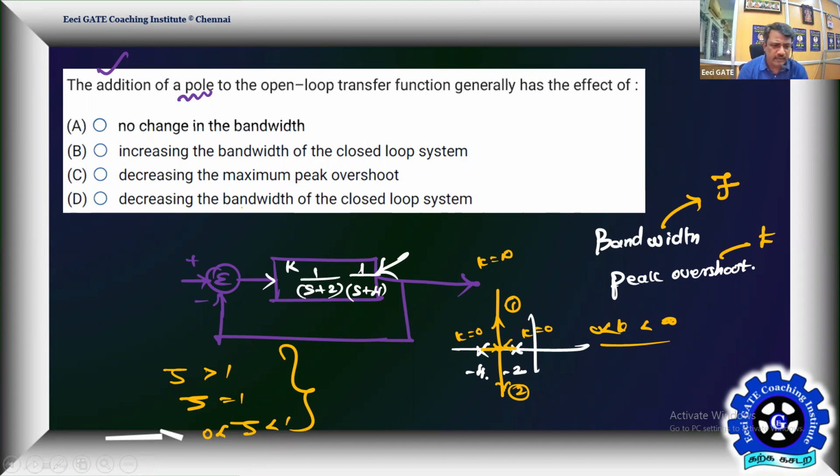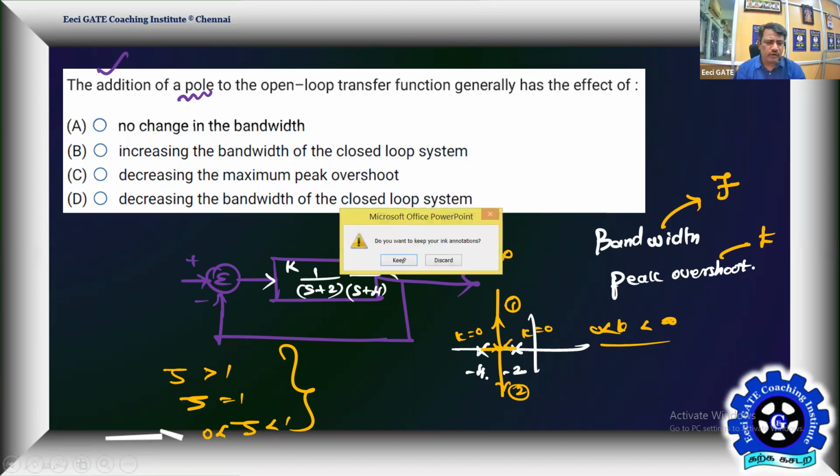So then you can think about the bandwidth first: decreasing the bandwidth or increasing the bandwidth. No change in bandwidth is a wrong option because the frequency response definitely will change for the loop transfer function. Since three options are given for the bandwidth, let me first talk about the bandwidth, then we'll connect it to the peak overshoot. We'll see which is the correct answer.